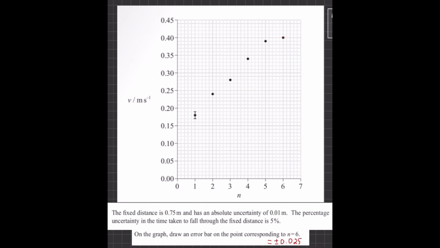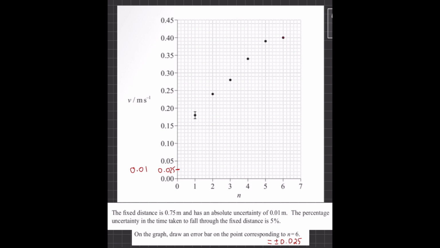So this is n equals 6. I want to go up and down by how much? Okay, so it's 0.025. But how many boxes will 0.025 equal? So between 0 and 5, we have 1, 2, 3, 4, 5 boxes. So each box is going to be equal to 0.01. Or in other words, half of 0.05 is 0.025.